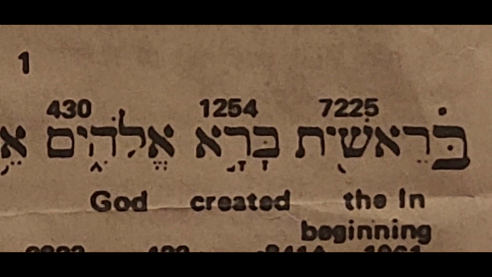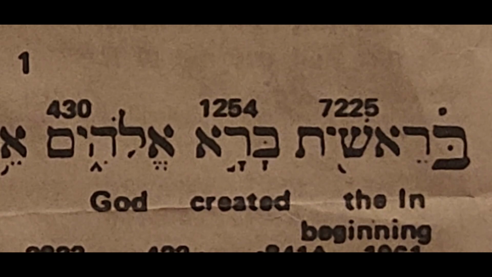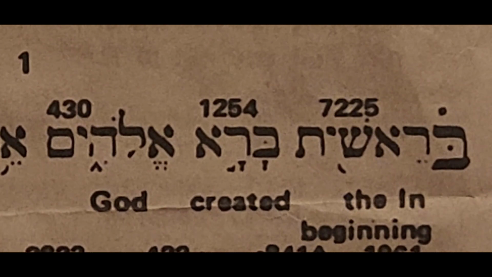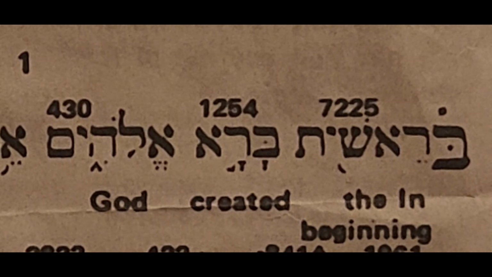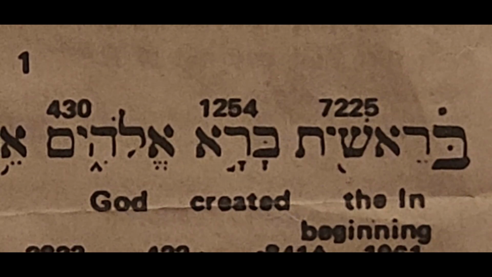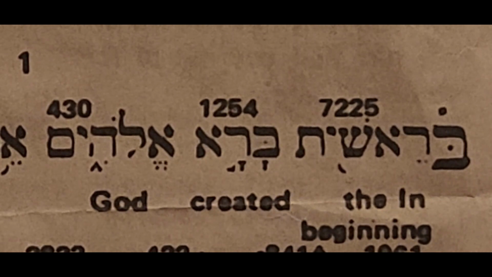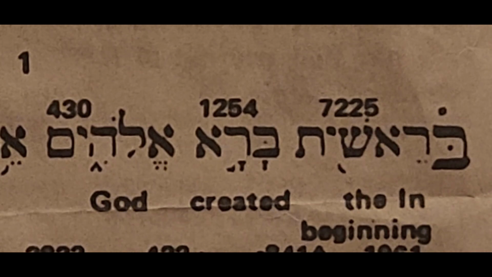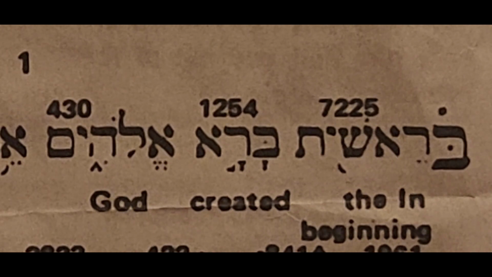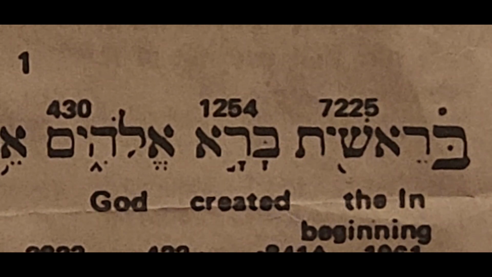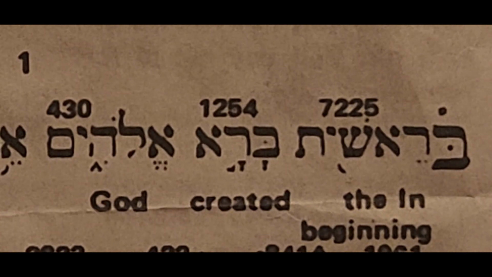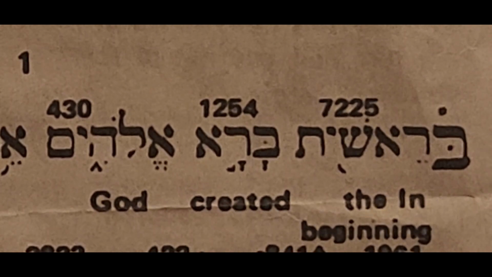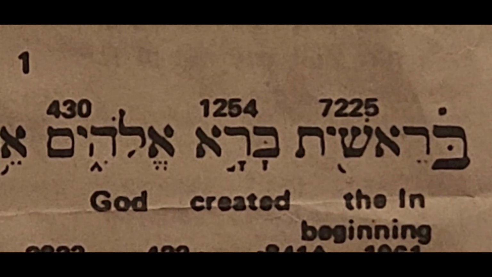This is a primitive root. The br sound, ber, is a primitive root, and it has to do with generation, productivity, even creation, as this word is indicated as created. And a lot of words will spin off of this.